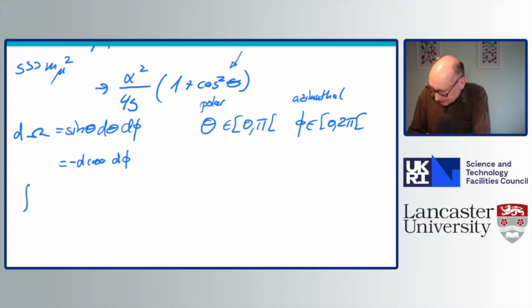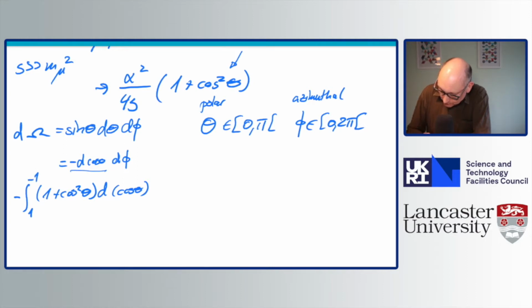Instead of writing it as dθ between 0 and π, we perform this change to minus d cos θ. So we have a minus the integral of 1 plus cos squared θ d cos θ, and that should run between when θ is 0, cos θ is 1, when θ is π, cos θ is minus 1.